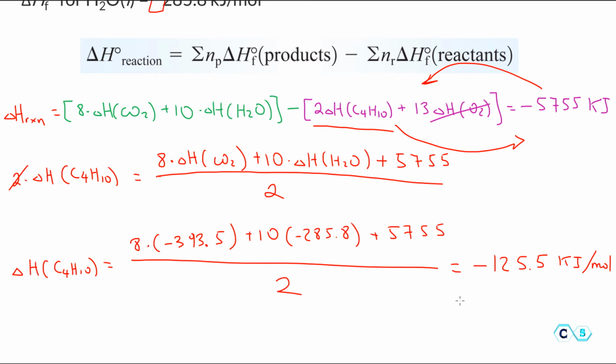And so if we keep 3 significant figures based on what we had initially, this is equal to negative 126 kilojoules per mole. So that's how much energy is released when 1 mole of butane is formed from carbon and hydrogen.